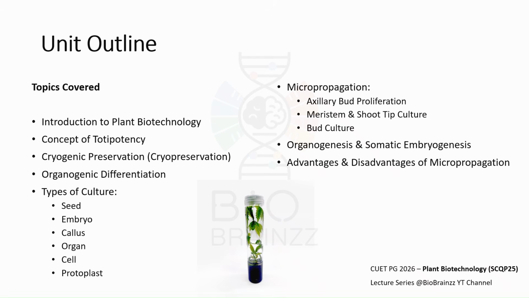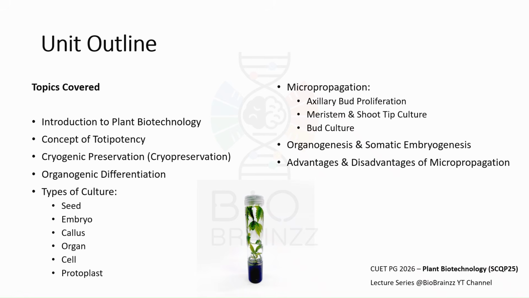After that, we move to organogenic differentiation and the various types of in vitro culture like seed culture, embryo culture, callus culture, organ culture, cell suspension culture, and protoplast culture. Next, we explore micropropagation and its methods such as axillary bud, meristem culture and shoot culture.